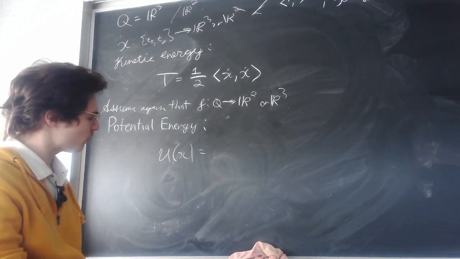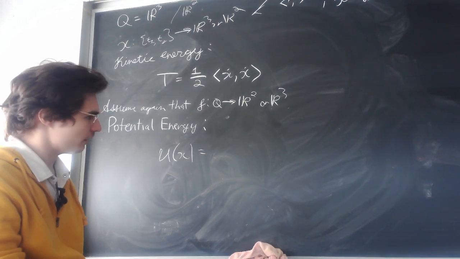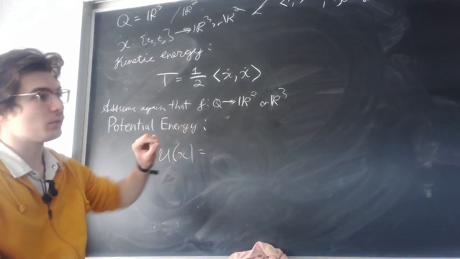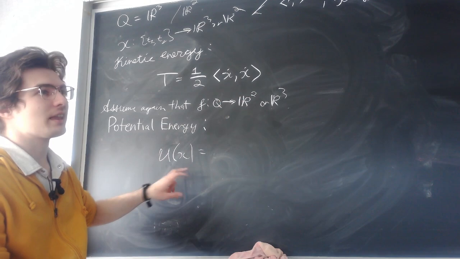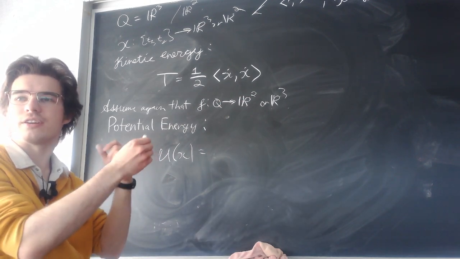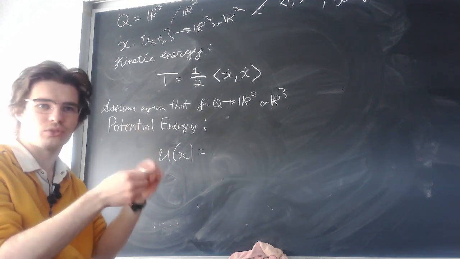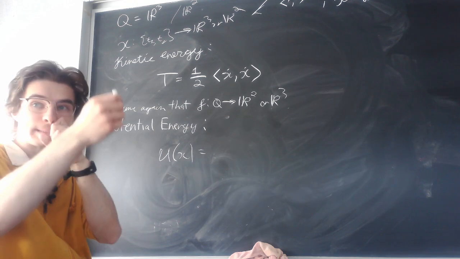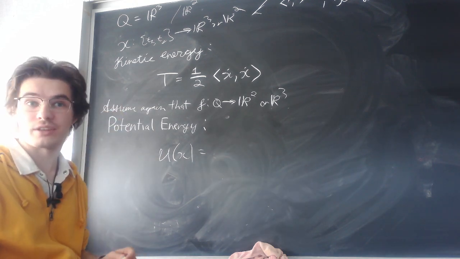But then we run into this issue that in R, if you wanted to go from x naught to x, there was really only one way to get there in terms of space. You just have to traverse the space between x naught and x, and then you can always define an integral like that.